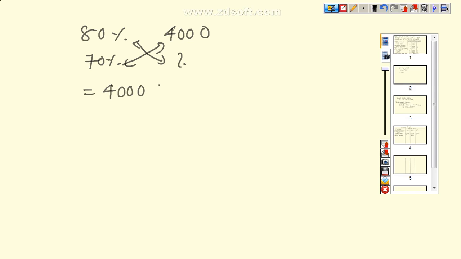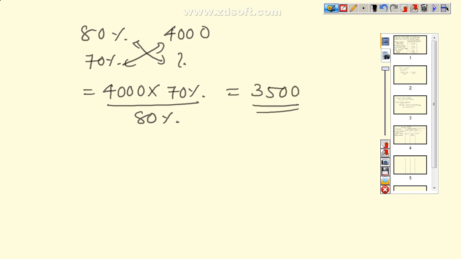For 80% capacity, we know the value, that is equal to 4,000. So how to calculate for 70% capacity? Simple cross multiplication, that is equal to 4,000 multiplied by 70% upon 80%, that is equal to 3,500.